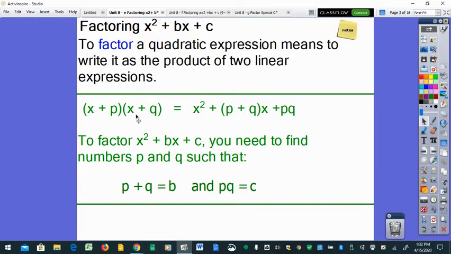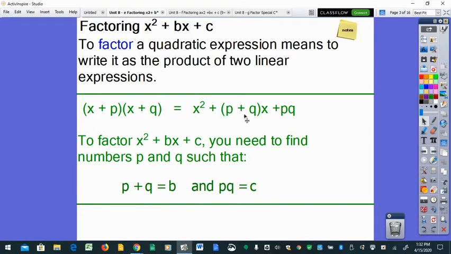And as we start today, what we're going to start to notice, the FOILing process takes those two last numbers, p times q, and that creates the c. So we're going to need this product. We're going to need two numbers that multiply to the number that's out here. Now that's not it. We need a little bit more. Those two numbers are going to have to add.